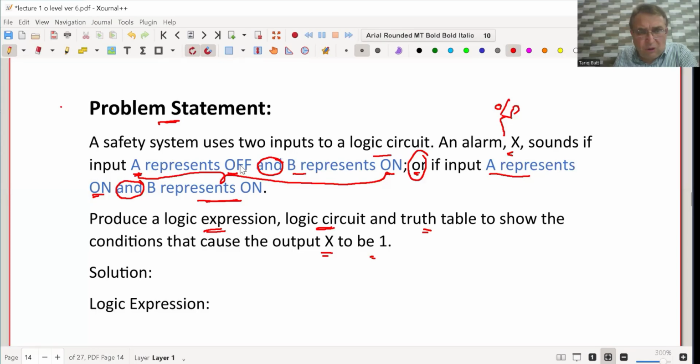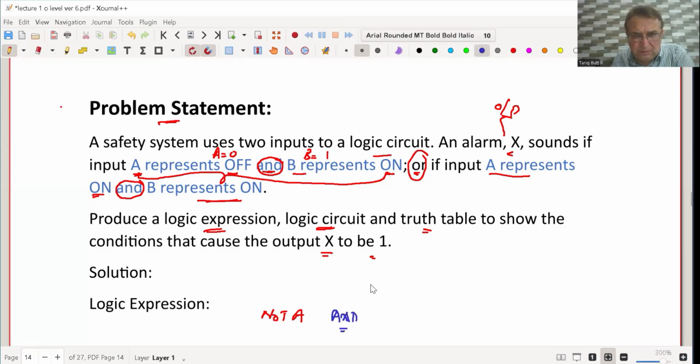So look at this. A represents off. Off means A is 0 and B is on means 1. So this is AND. So build a product term for this. So A is 0 means not of A, and you have to connect them through AND.